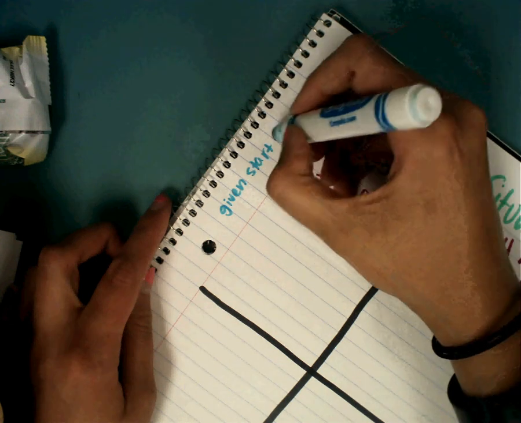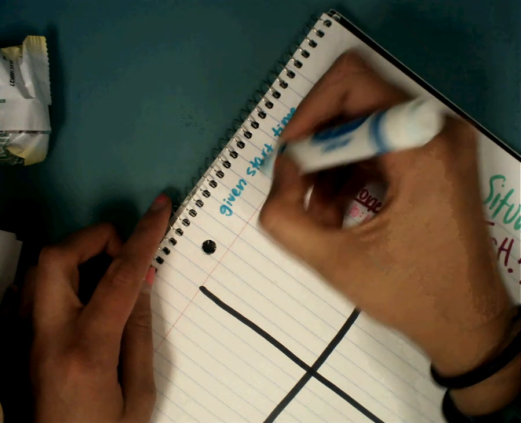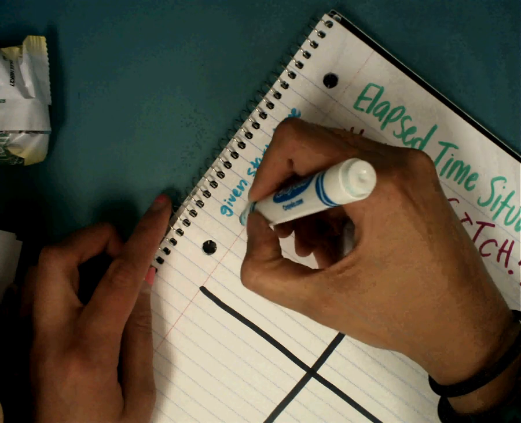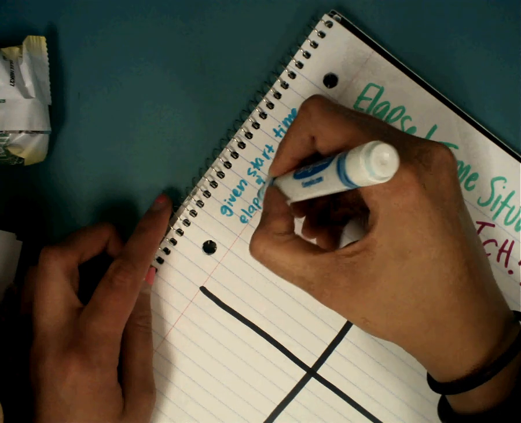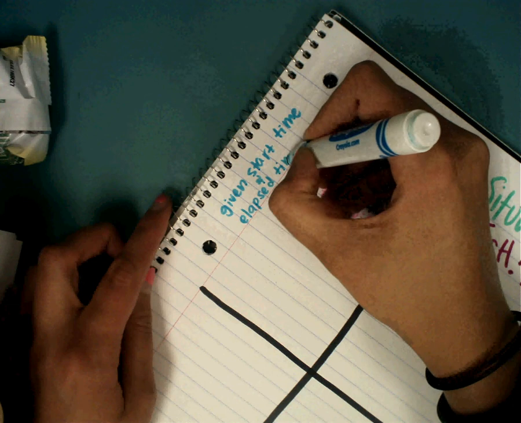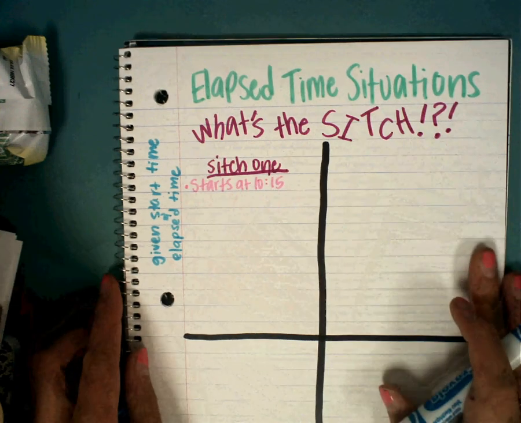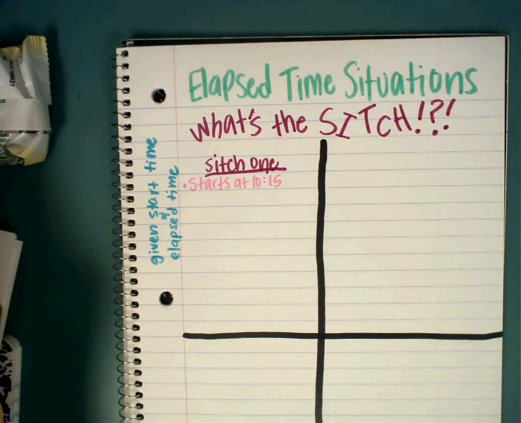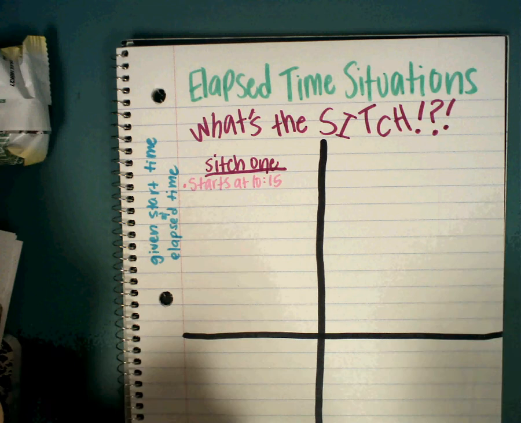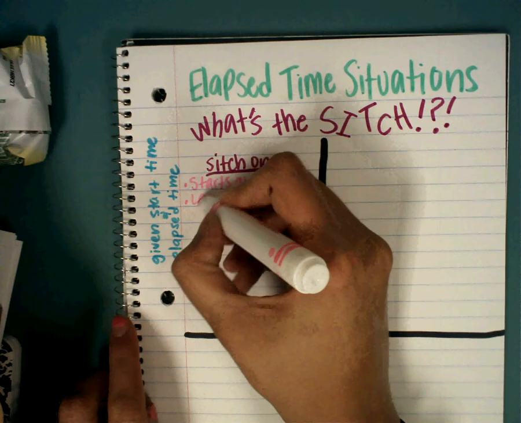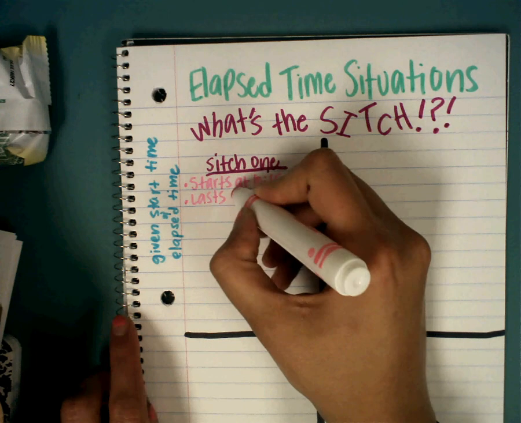We're given the start time, we're given the elapsed time. So it starts at 10:15 and lasts 2 hours and 52 minutes. All right.